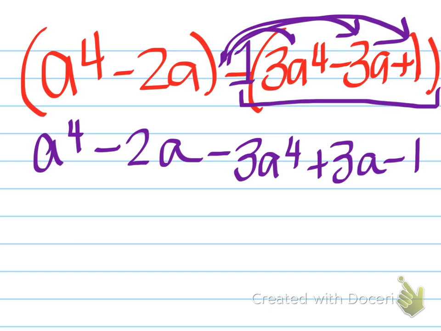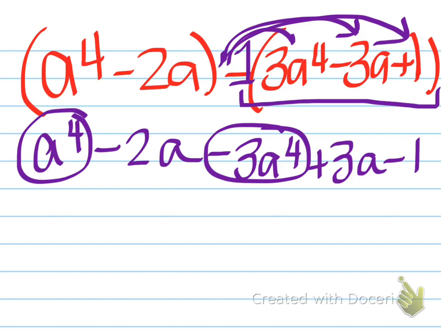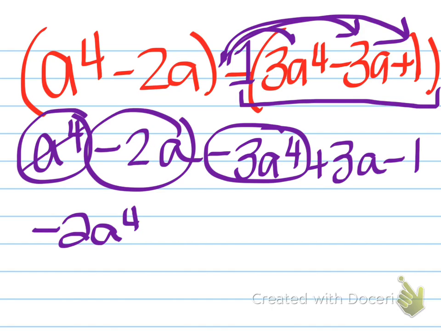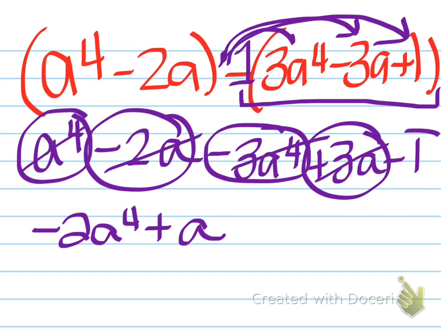And now I can combine my like terms. So I have a to the 4th minus 3a to the 4th, which is negative 2a to the 4th. Then I have negative 2a and positive 3a, which is going to be positive 1a. And then I have this minus 1 at the end.